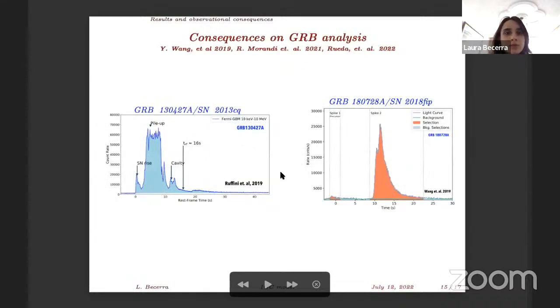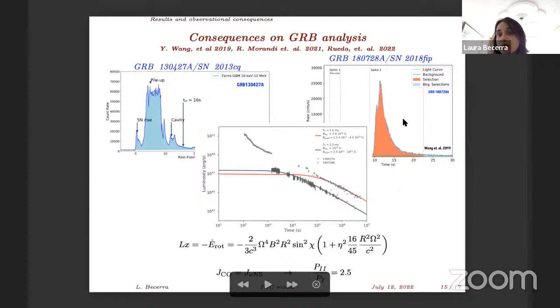And finally, we can relate some GRB observations. For example, here on the left, we have a GRB that has been classified as a binary driving hypernova of type 1. This means that in this case, we're going to have the collapse of the neutron star to a black hole. And here on the right, we have an example of a GRB, of a binary driving hypernova of type 2, where as an outcome, we're going to have 2 neutron stars.